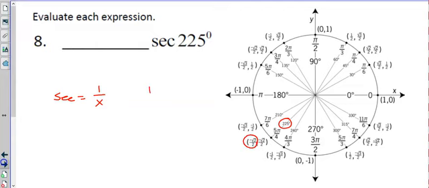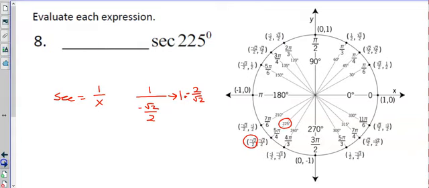And your answer is going to be 1 over negative square root of 2 over 2. That's one way to think about it, and we can do it the same way we've been doing it. Dividing is the same as multiplying by the reciprocal. So 1 times the reciprocal, 2 over the square root of 2. I'm going to get a negative in there. And obviously 1 times anything is that something.